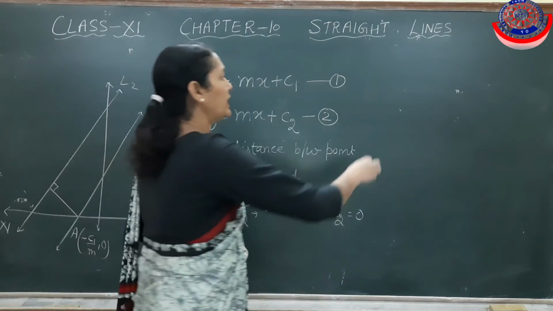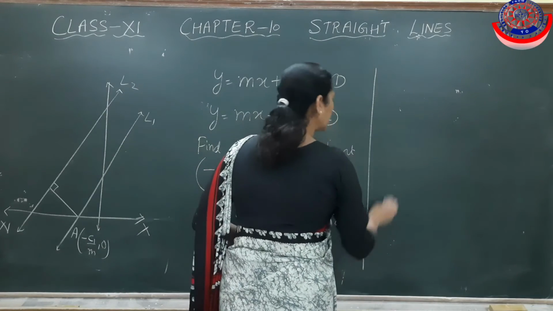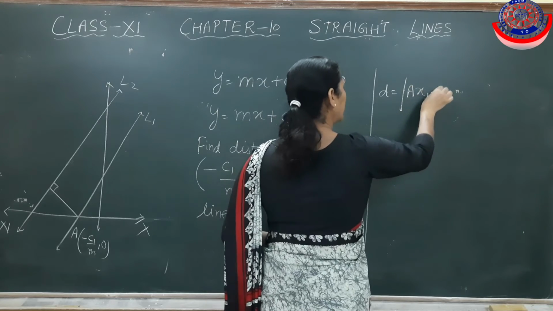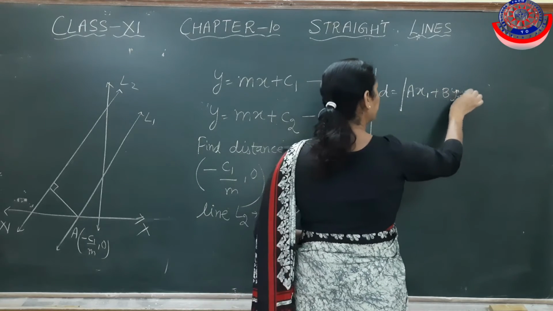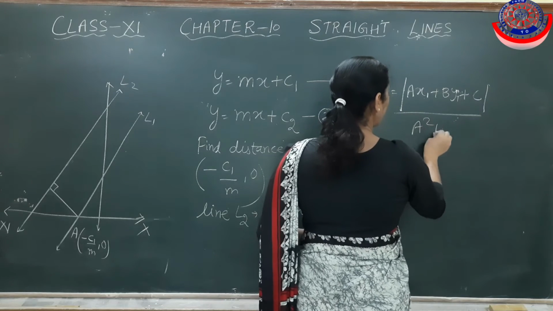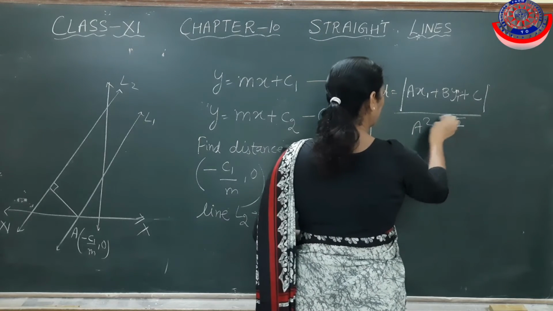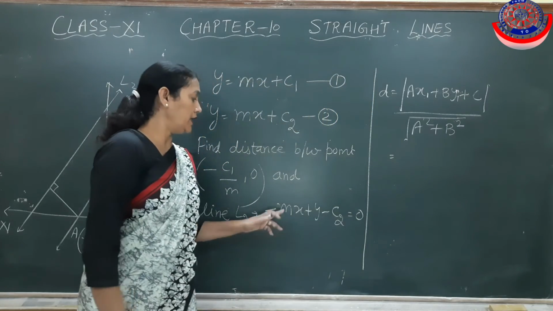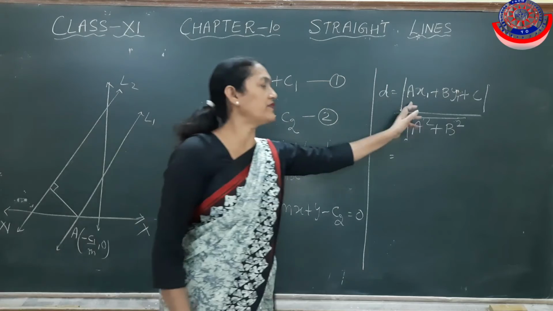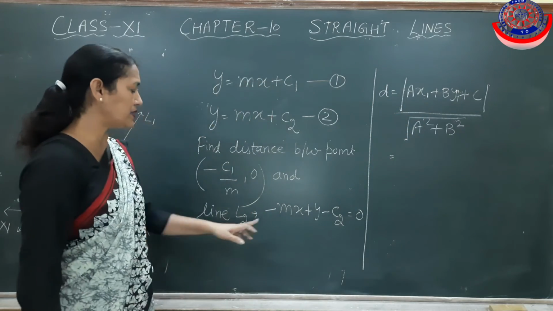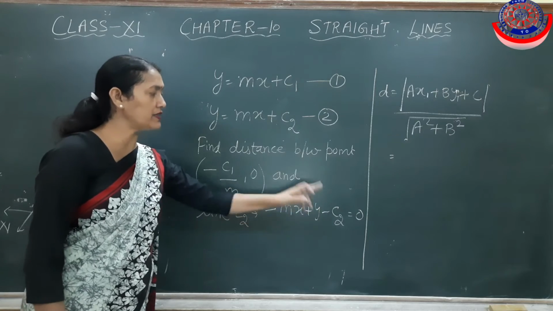We have learned the formula for finding the distance between a point and a line as ax1 plus by1 plus c upon under root a square plus b square. In that case, the equation of the line I have taken as ax plus by plus c, but here the equation of the line is minus mx plus y minus c2.